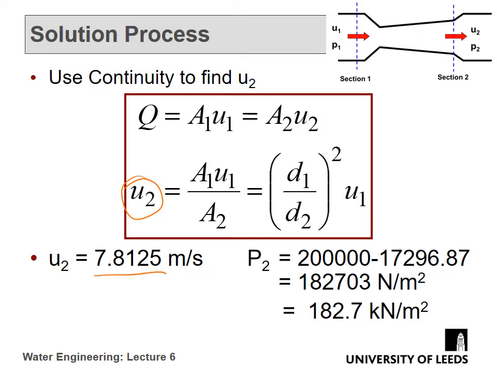We put that in our formula for pressure from the Bernoulli equation, and you do need to derive that, you shouldn't be trying to remember it, and this comes out that the pressure at P2 is 182.7 kilonewtons per meter squared. P1 was 200 kilonewtons per meter squared.